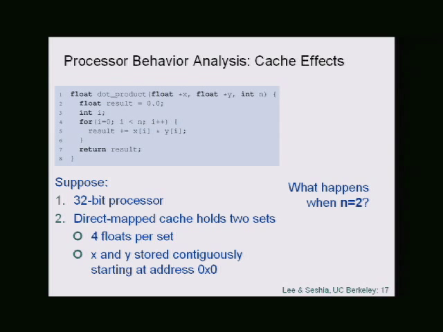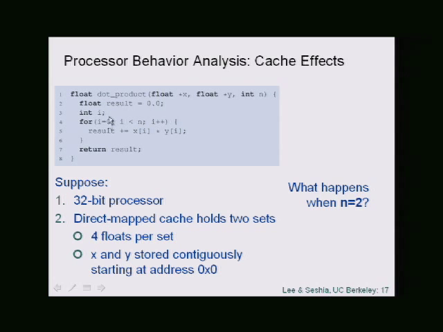So when you run this loop, you'll read x0, then you'll read y0, you'll compute the product. Then you read x1, read y1, and you'll compute the product, and then you're done. Okay? Let's assume that result is sitting in a register, so it has nothing to do with the cache. All right. So how many cache misses do you have, and how many cache hits do you have?